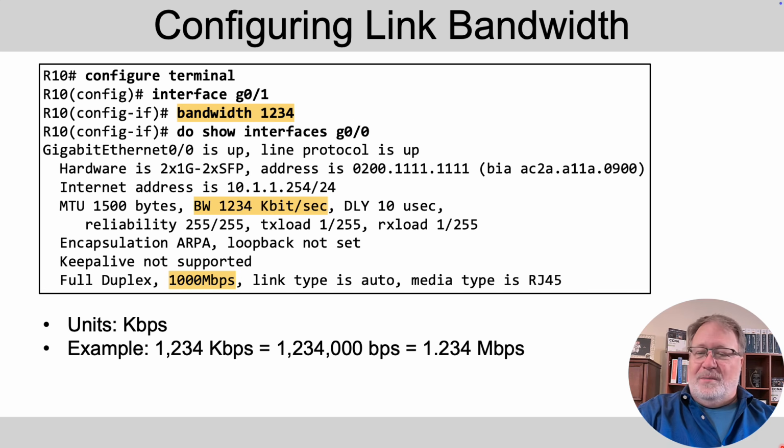The unit reminder here is kilobits per second, so 1,234 kilobits is the same as 1,234,000 bits per second. But the physical link speed is unchanged. The bandwidth command has no impact on the physical encoding rate on the physical interface. That's just what the software uses to calculate interface statistics and perform QoS features and the like.